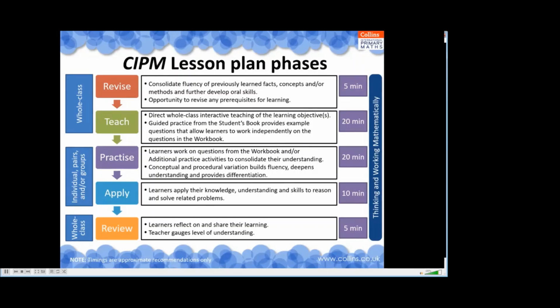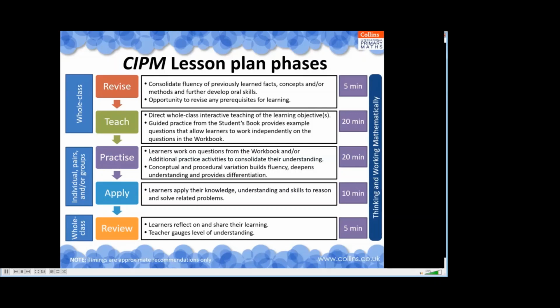Teach is followed by individual, paired and/or group practice, where learners work on questions from the workbook and/or additional practice activities to consolidate their learning. Conceptual and procedural variation builds fluency, deepens understanding, and provides differentiation.